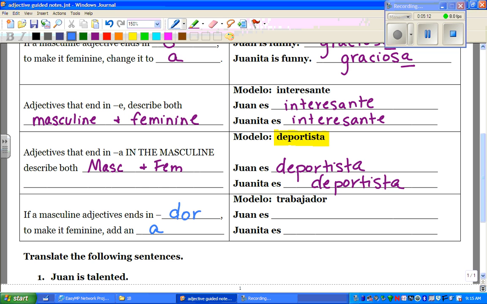What's it mean? It means hardworking, because trabajar means to work. Trabajador is your adjective. So if I want to say Juan is hardworking, I say Juan es trabajador. If I want to say Juanita is hardworking, you make it trabajadora. Okay? Any word, adjective or noun that ends in a D-O-R, you add that A.